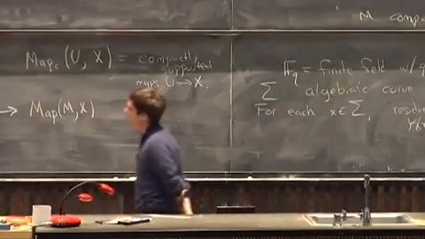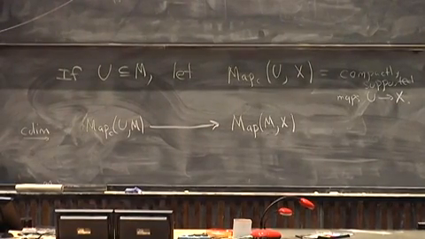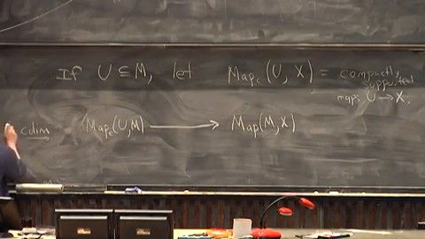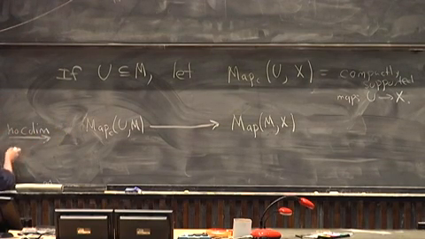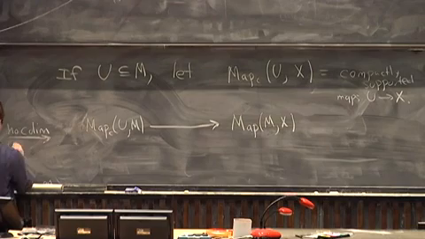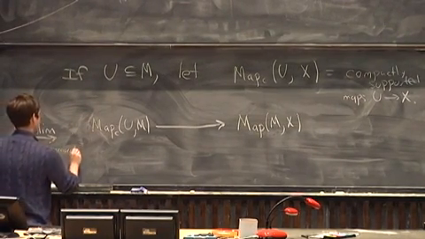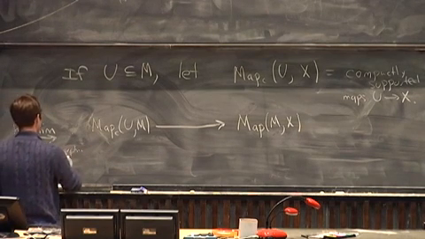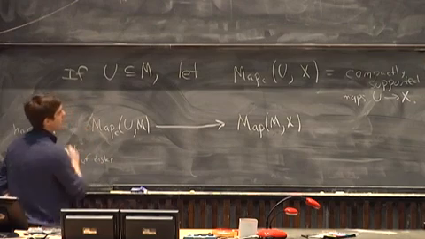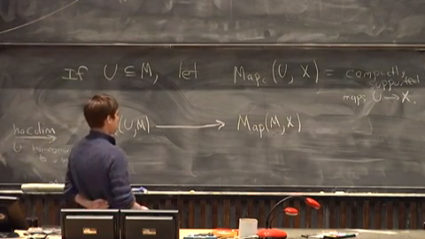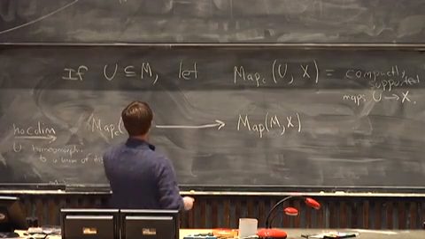The interesting statement is that you don't need all open sets. You only need to think about very simple open sets. So here I should really write homotopy colimit. And if you take the homotopy colimit over all U which are homeomorphic to a union of disks, this left-hand side, oh, sorry, that M is an X, absolutely.